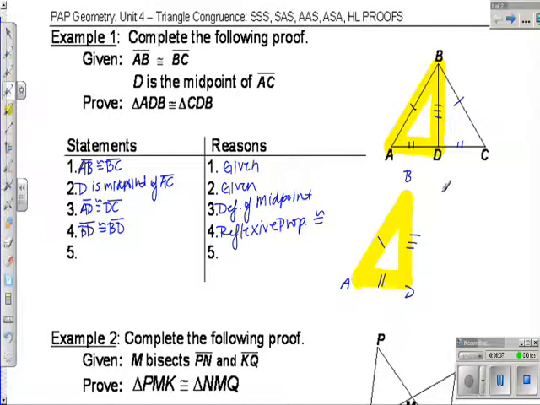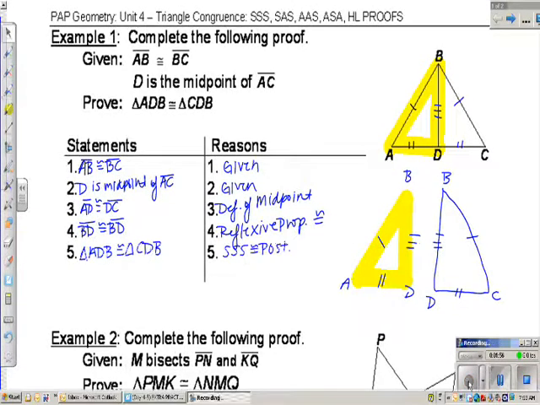And then if we drew the other one, B, C, D, again, BD is congruent to itself, BC is congruent to BA, and DC is congruent to DA, so we can see that those triangles are congruent by the side, side, side postulate. Okay, so from here, we knew that when three sides of one triangle were congruent to three sides of the other, the triangles were congruent by the side, side, side postulate.